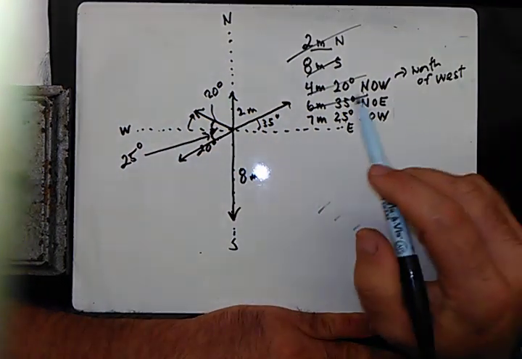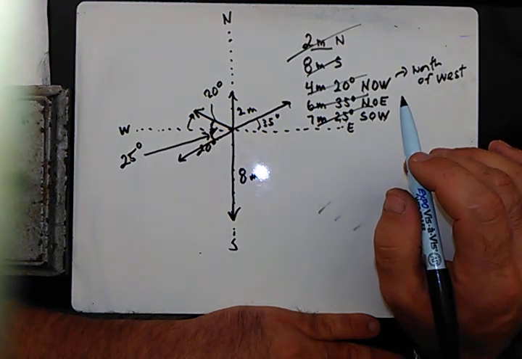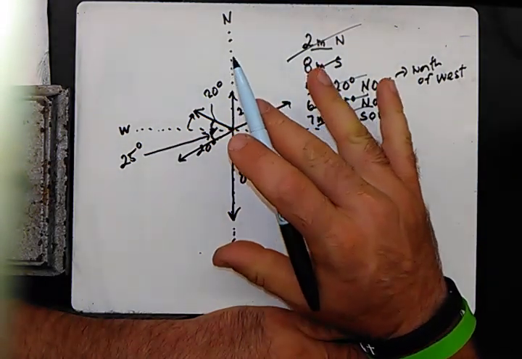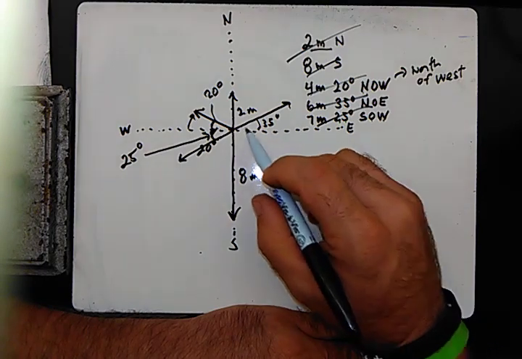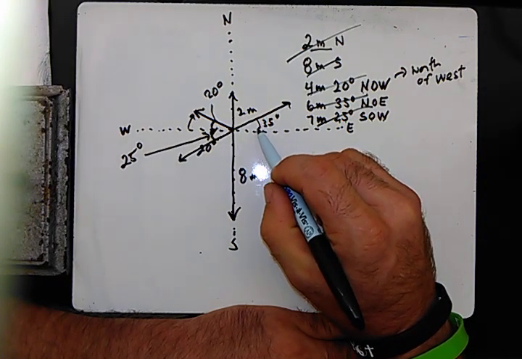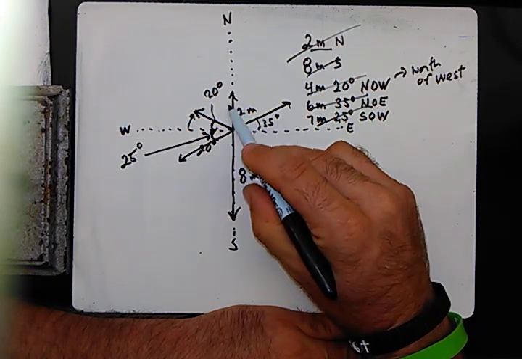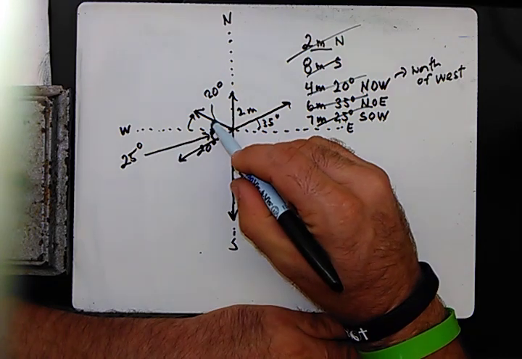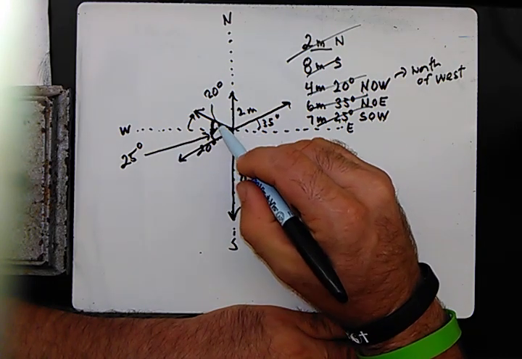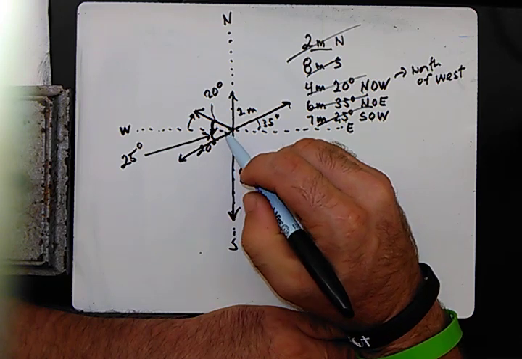So I've drawn all the vectors in there, and I've represented them on a Cartesian plane, and we can see that this one is a true 35 degrees. But this next one is 90 plus whatever this is. But we can express it as our 20 degrees north of west.